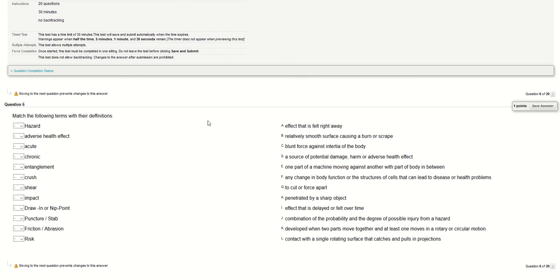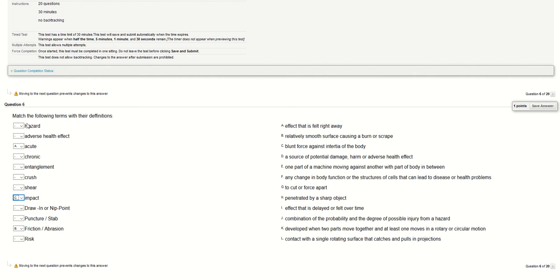Alright, these are definitions. So same list as before, but now we're actually in the true definitions. Affected is felt right away. Is acute. Relatively smooth surface causing a burn or scrape. That is a friction or abrasion. Blunt force against inertia of the body. That is going to be an impact. Source of potential damage, adverse harm, or adverse health effect.